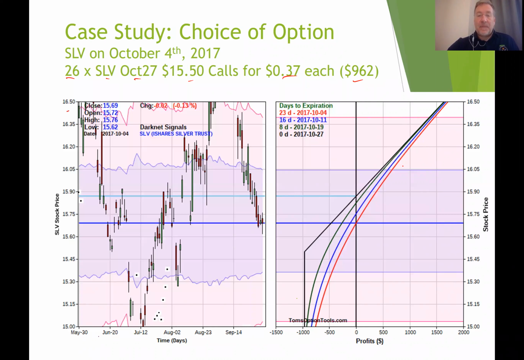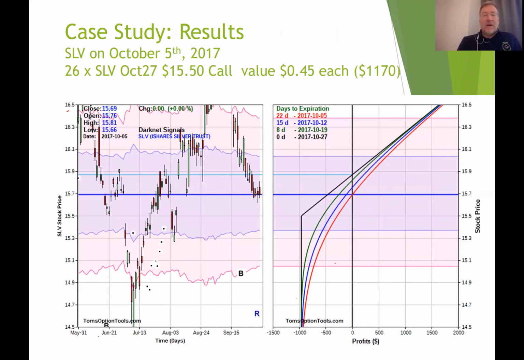This red line is a fixed point in time. The red line is today, or the 4th when the trade was made. And you're going to get a curve. That's really all you need to know, other than that you chose a delta that fits within your comfort level. And I also chose an option that's going to decline in value based on time at a very, very slow pace.